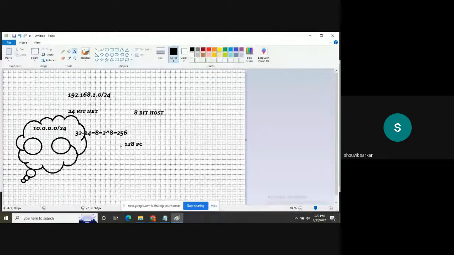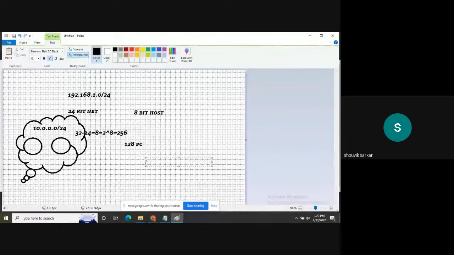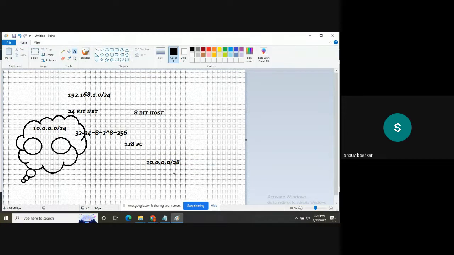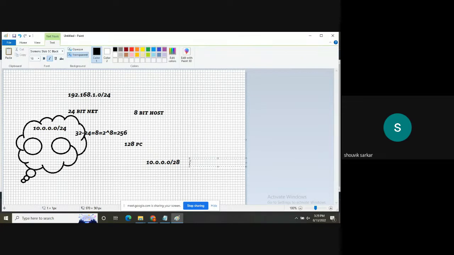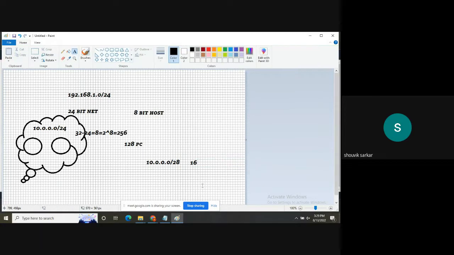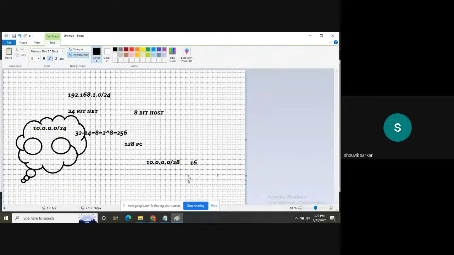In the same way, if we have another question, an IP address like 10.0.0.0/28, how many IP addresses are there? So 32 minus 28 is 4. So 2 to the power 4 gives 16 possible IP addresses. And the 16 IP addresses we need to divide into 2 parts. So a maximum of 8 PCs we can accommodate. Is it clear?